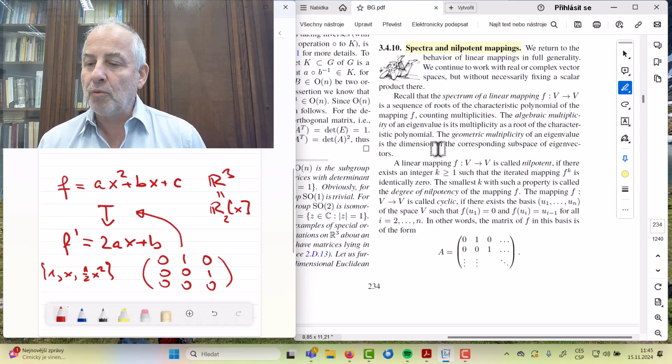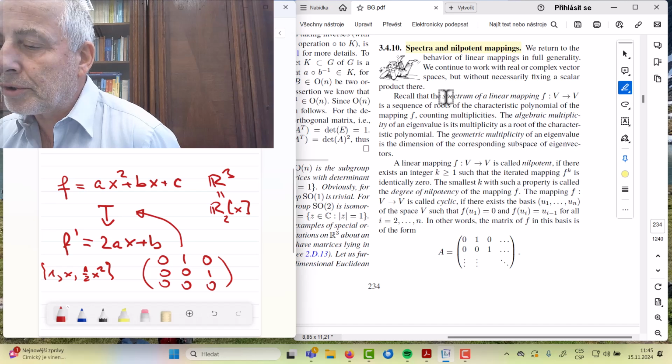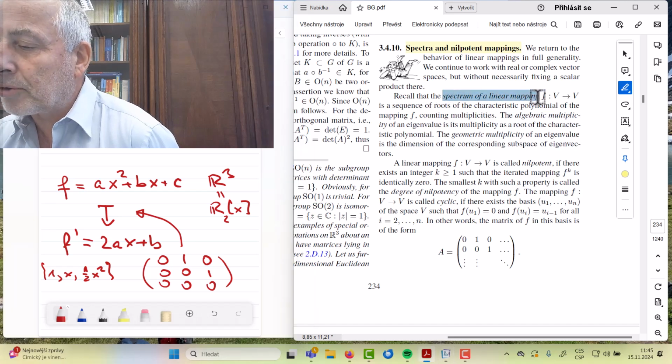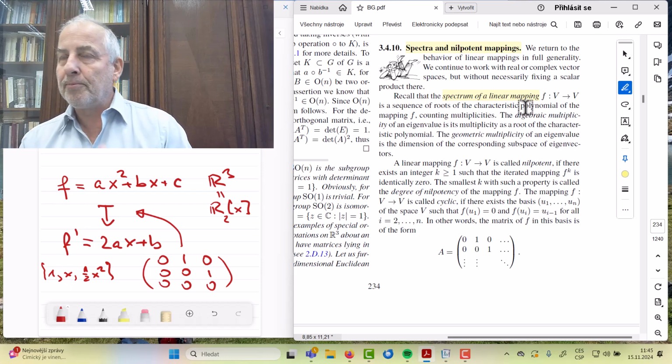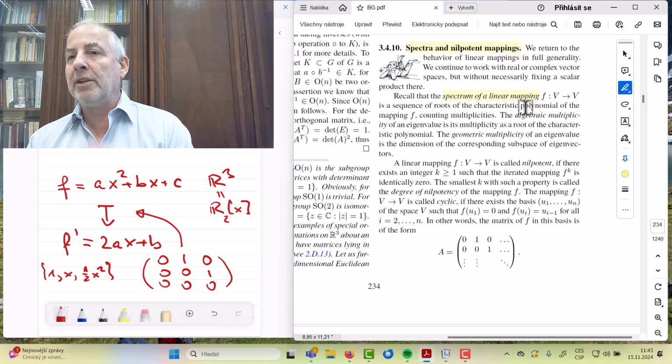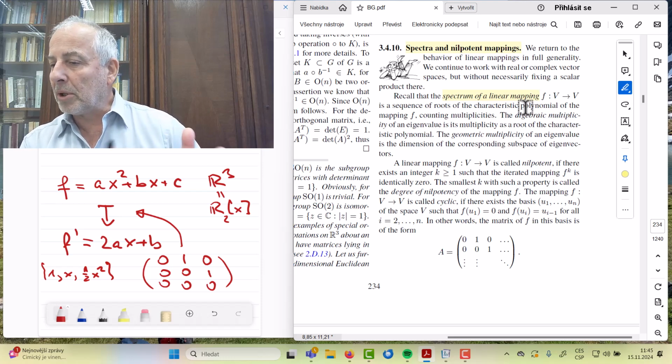And the reason why this happens is the occurrence of what we call a nilpotent matrix, right? And that's here. So in general, we talk about the spectrum of a linear mapping. That was defined already before. That's the set of the eigenvalues, including multiplicity. So it's rather an n-tuple.